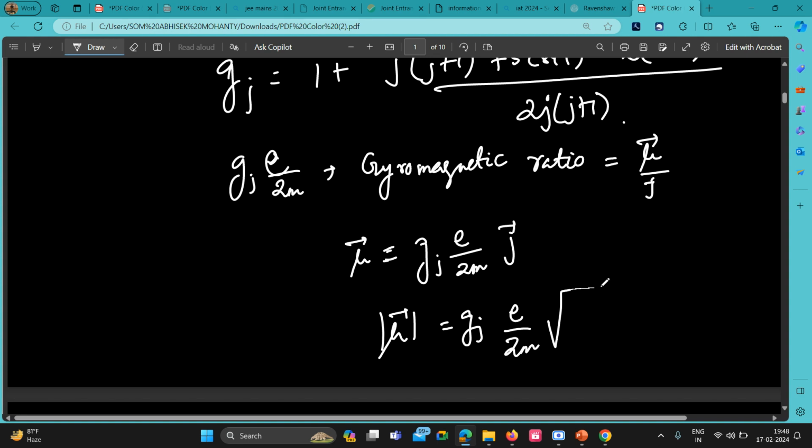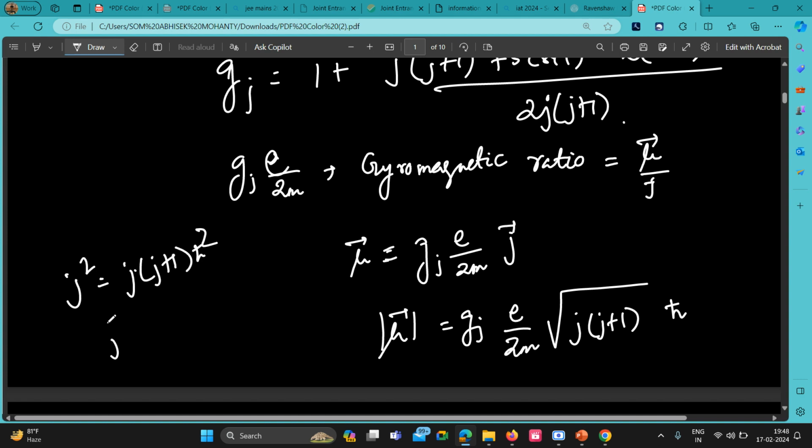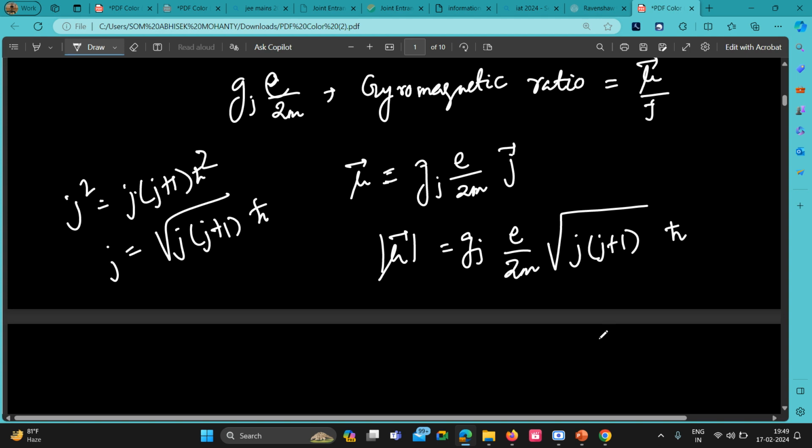The J vector magnitude is root over J(J+1) h cut, because J square is J(J+1) h cut square. So the mu vector magnitude is equal to Gj e by 2m root over J(J+1) h cut. Is that alright?